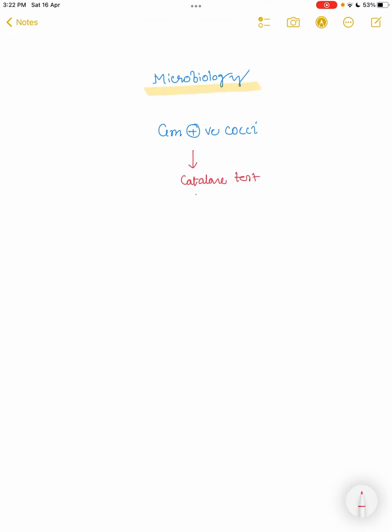In case of catalase test, if it is positive, and if it is catalase negative. If it is catalase positive, it is simply Staphylococcus.